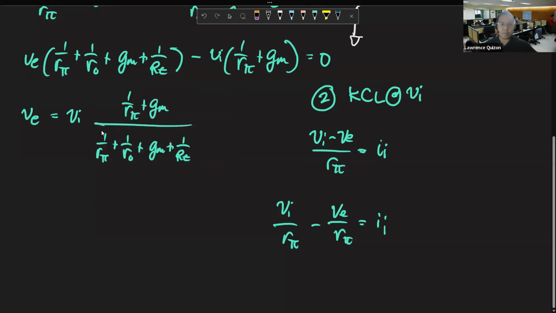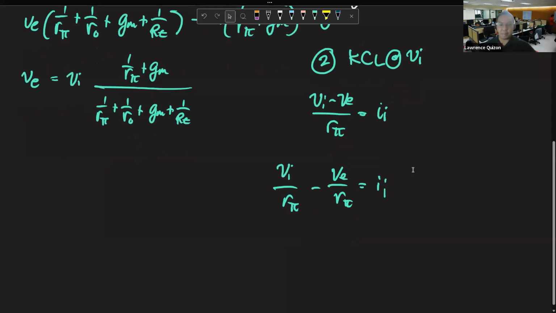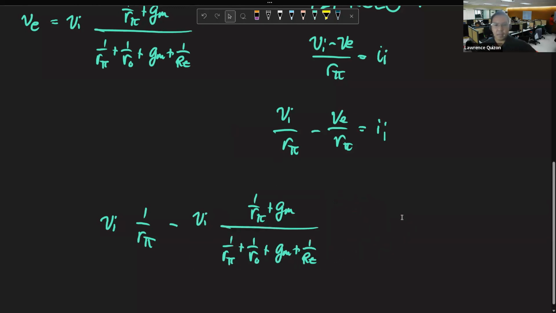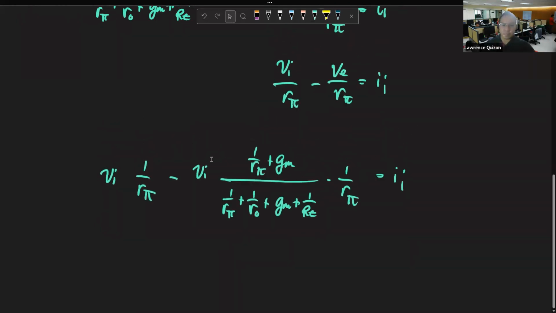And okay, so we substitute this now for VE. Times 1 over R pi din is equal to I in. Right?